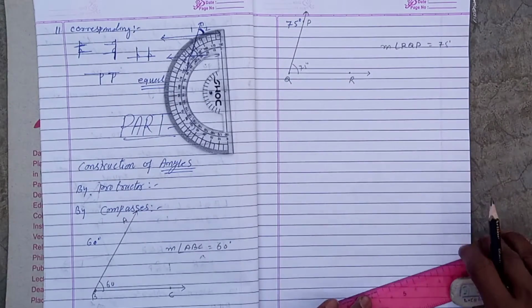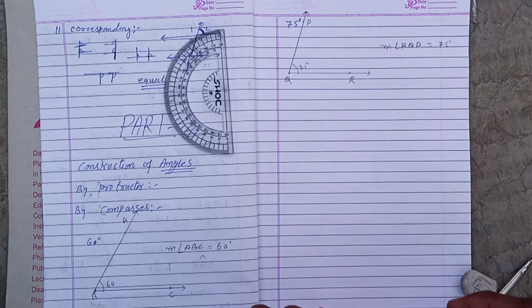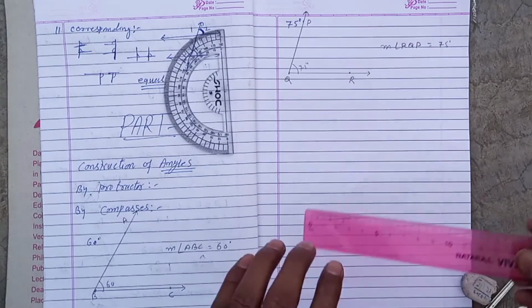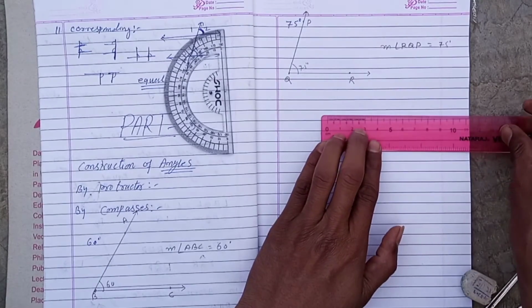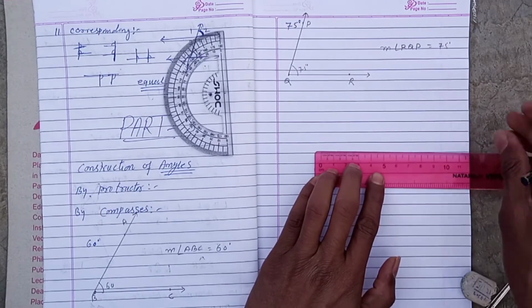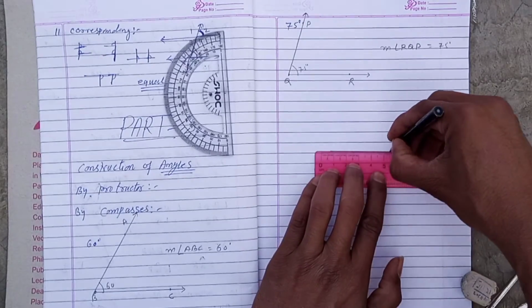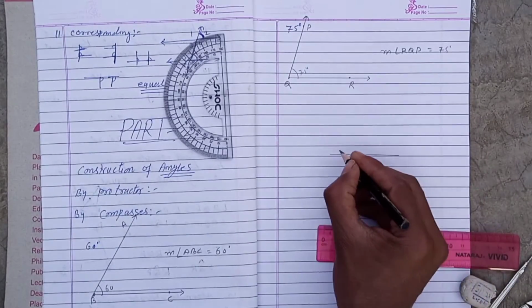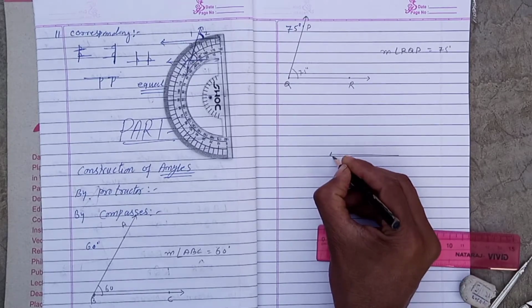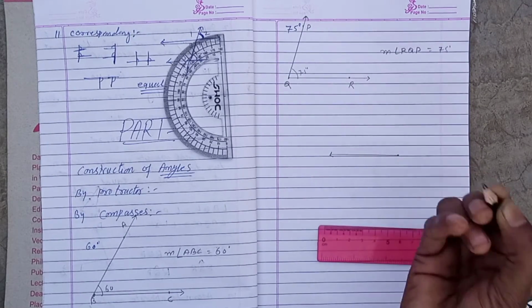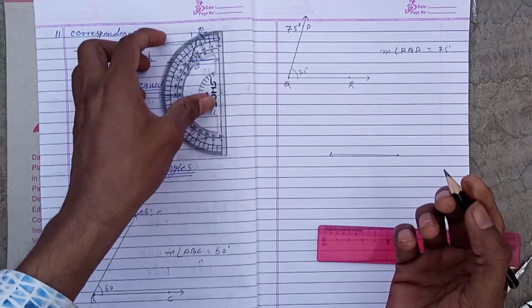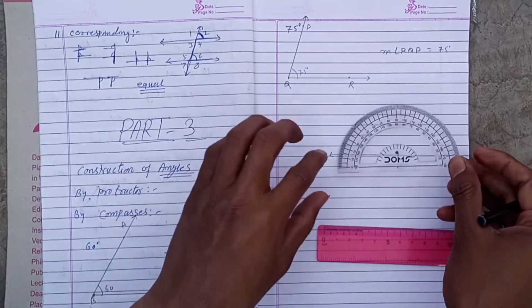Another example: suppose that I want to draw an angle of 127 degree. I draw a line like this. Now I am taking this side arrow mark. Suppose that any side you can take. Now again our same rule, we have to make it inline.